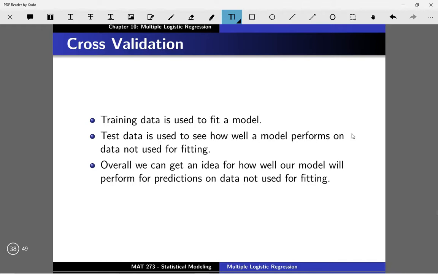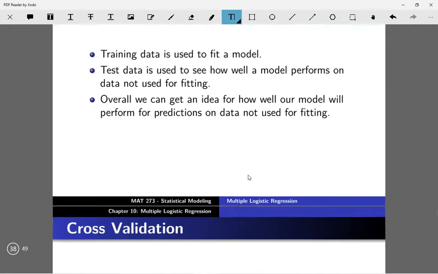The idea is this will give us an idea of how well our model will do in predicting future data that wasn't used for fitting. Because in general, a model will do better for predicting the data that it was fit on, just because that's the data it learned the relationship through. So it'll artificially do better than it will in practice for unseen data. But cross-validation tries to get around this issue. Okay.